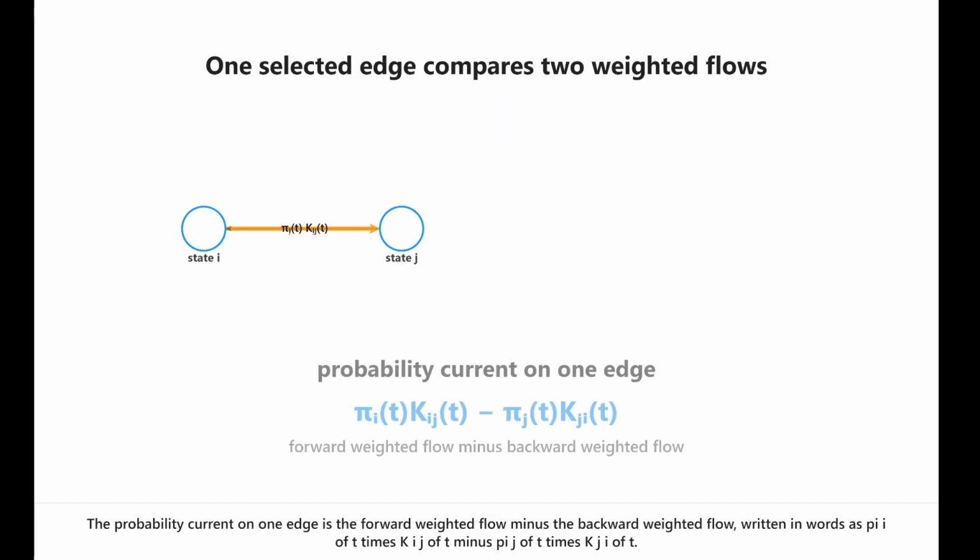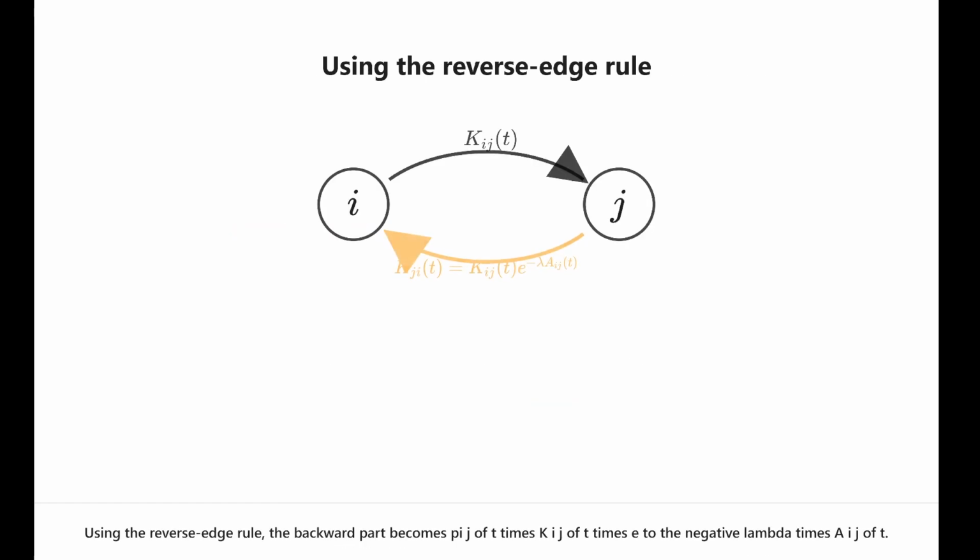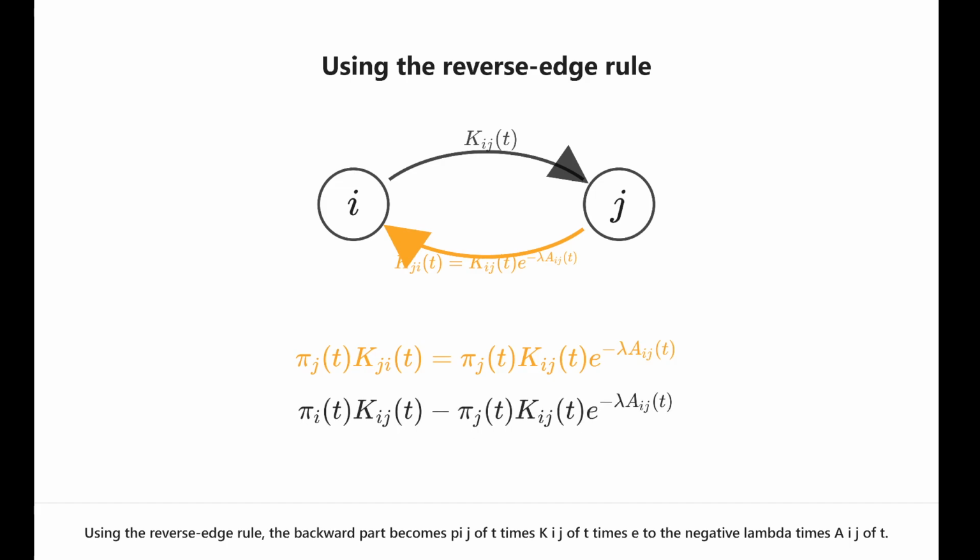The probability current on one edge is the forward-weighted flow minus the backward-weighted flow, written in words as pi i of t times k_ij of t minus pi j of t times k_ji of t. Using the reverse edge rule, the backward part becomes pi j of t times k_ij of t times e to the negative lambda times a_ij of t.